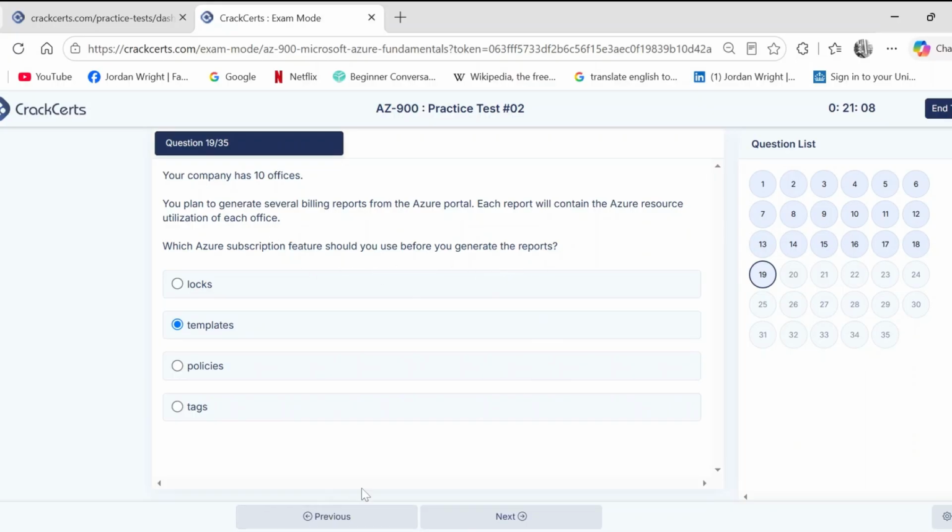Yeah, actually, I think you're right. I think it is tags, because with Azure tags, we can label resources, right? Location, department, or cost center, or anything like this. So yeah, tags, I think so.